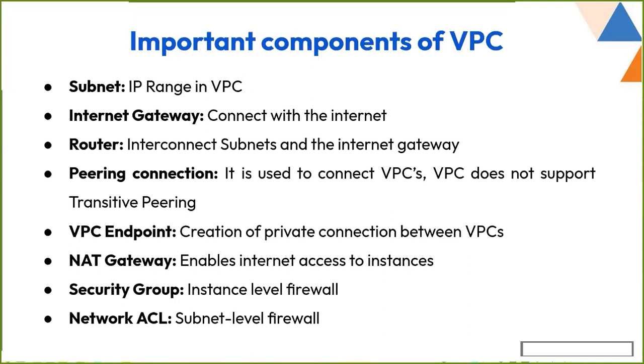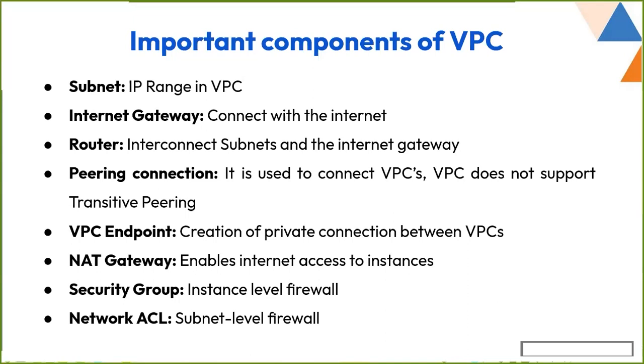So VPC A cannot communicate directly with VPC C. It cannot go through B to C. You should have a direct connection between them, like VPC A to B, VPC A to C. A direct connection has to be there.